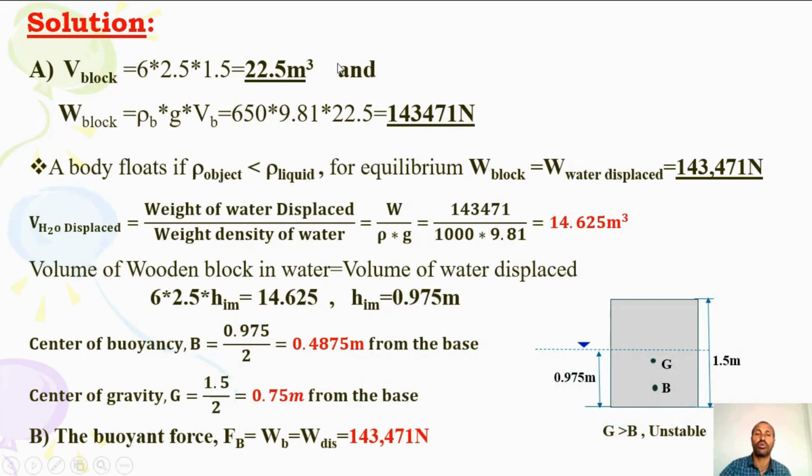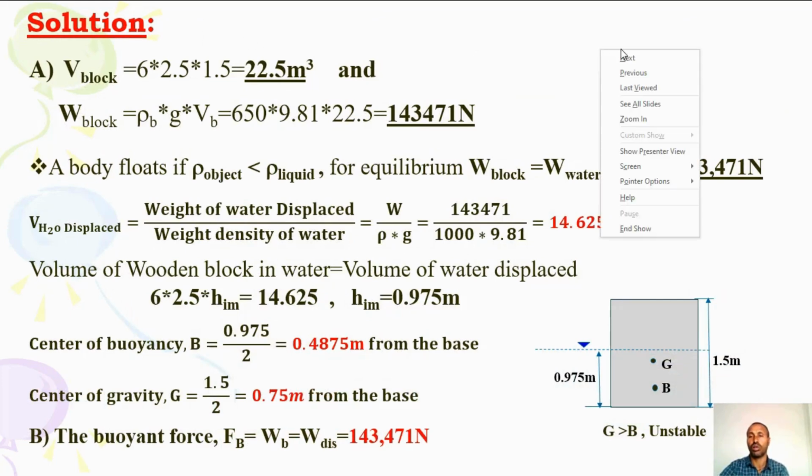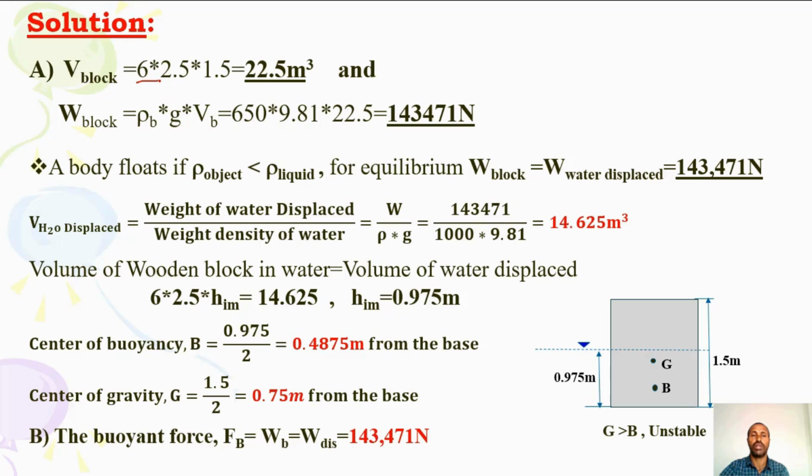First you have to compute the volume of the block according to the dimensions: 6 multiplied by 2.5 times 1.5 gives 22.5 meter cubed. This is the volume of the block. The weight of the block can be computed now: density of the block times g, which is the unit weight of the material, times the volume of the block.